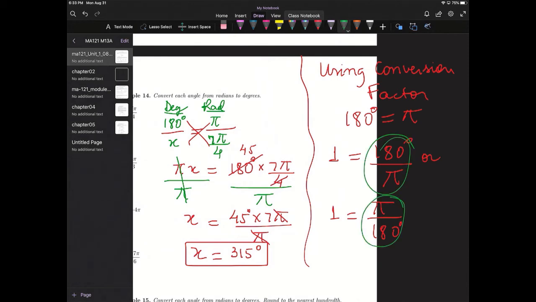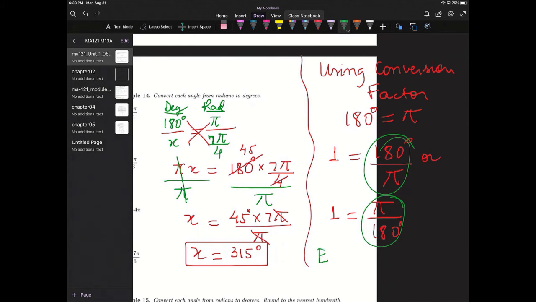So all you need to do is, given an angle in a certain kind of unit, either degrees or radians, if you multiply by an appropriate fraction that is equivalent to 1, you're not changing the value, just changing how it looks. Basically, you change the units. So let me give you the example that we just saw, which is 7 pi over 4.